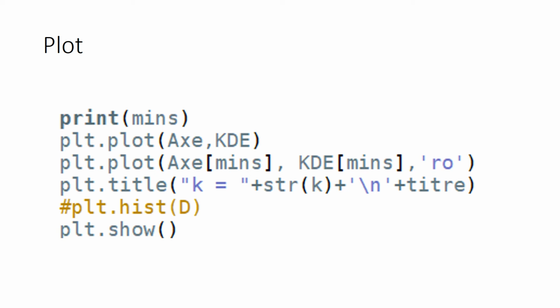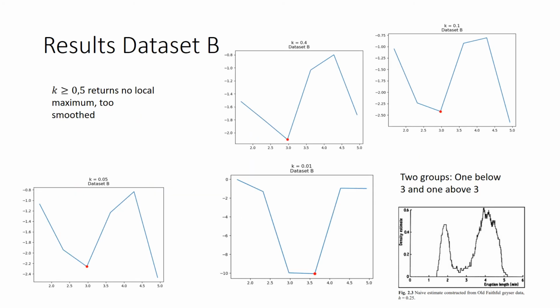The author used k as 10, but he also said that you can play with it, and actually he's right, because doing that changes the number of intervals. For dataset B, which I started with, if you put a k above 0.5, it returns no local maximum because the function is not smoothed out enough. It's too smooth, so it's almost constant, which is a problem I described earlier.